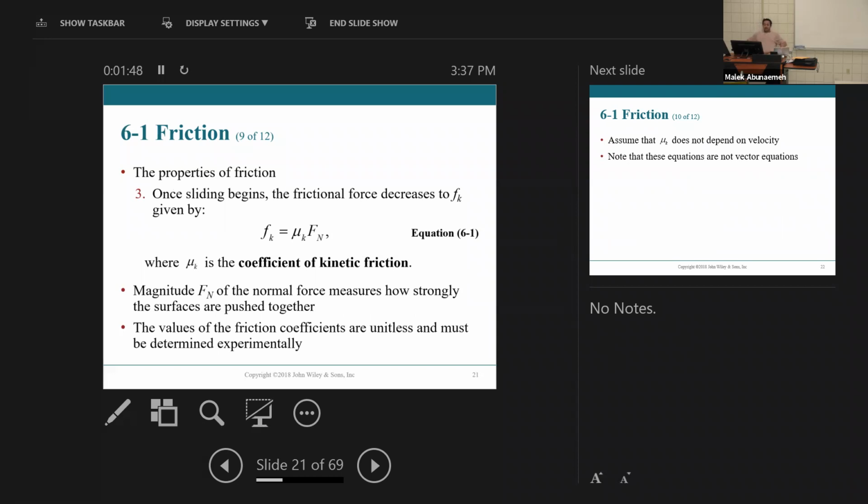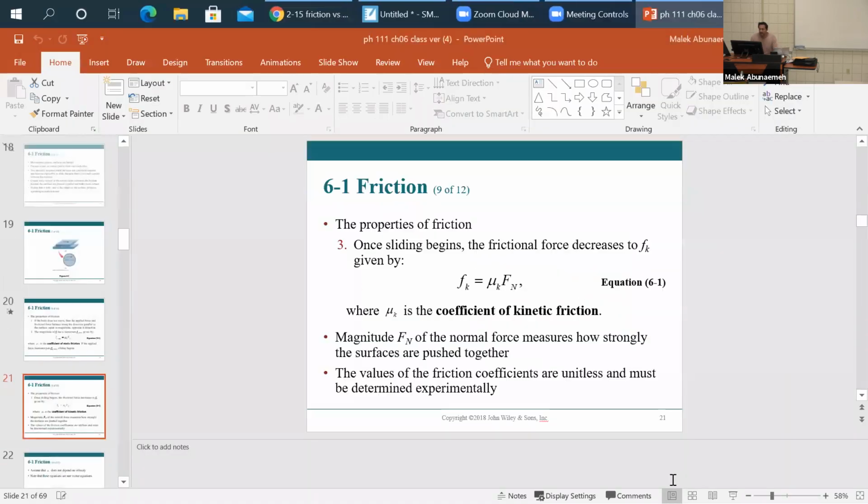So once you actually slide the board, the frictional force is decreased by Fk, given again your kinetic friction equals your coefficient of kinetic friction times your Fn. Let me go ahead and write that down.